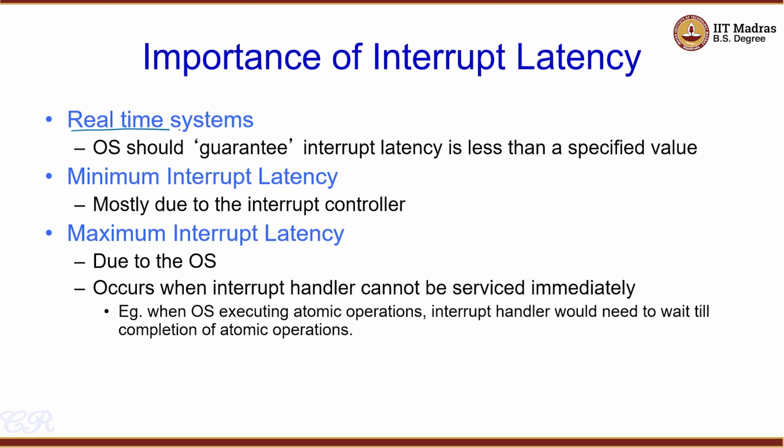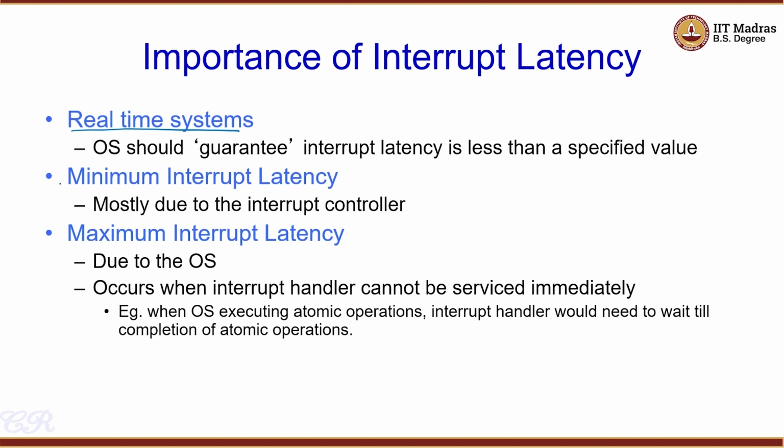For real time systems, for instance, such as an operating system that is used in an automobile or a spaceship, the operating system should guarantee that the interrupt latency is always less than a specified value. So, there should be an upper bound to what the interrupt latency can be. This upper bound is required to ensure the real time behavior of the system.